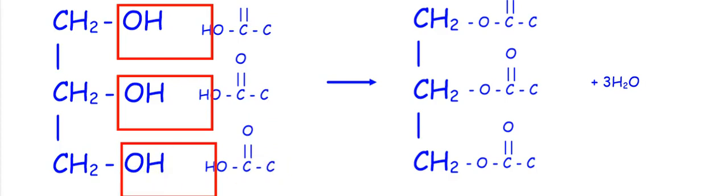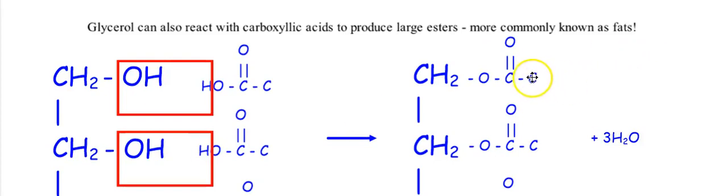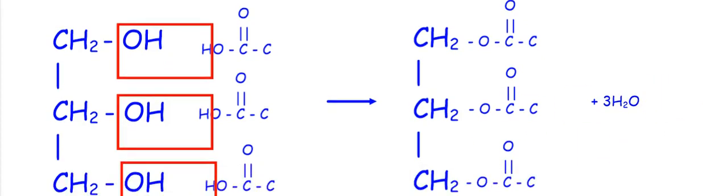So can you imagine how long this would be if I have 20 or so carbons trailing at the end here? That's a really large molecule, isn't it? That would be the classification of a fat, or more appropriately, a lipid. That's what we call it in biochem, a lipid.